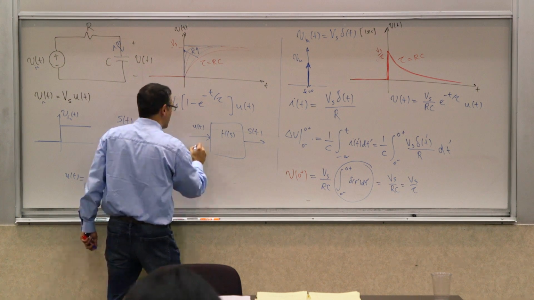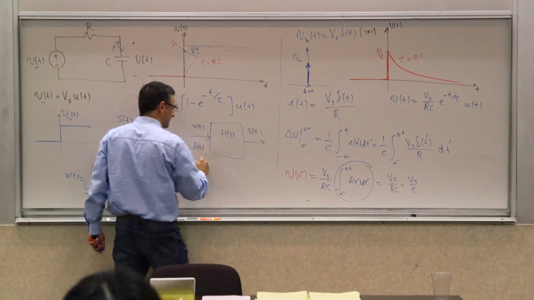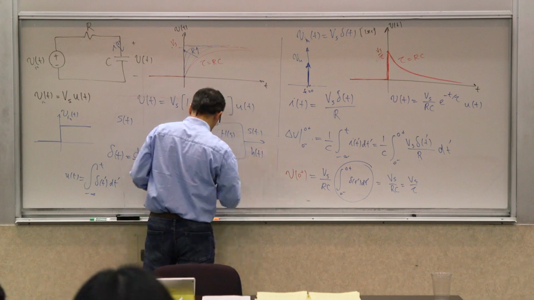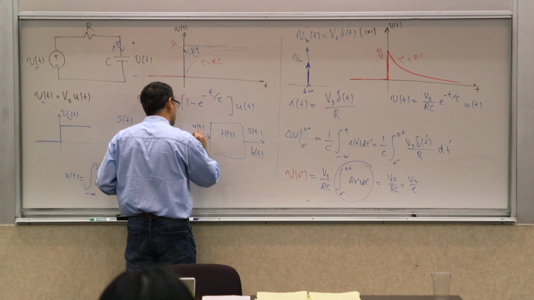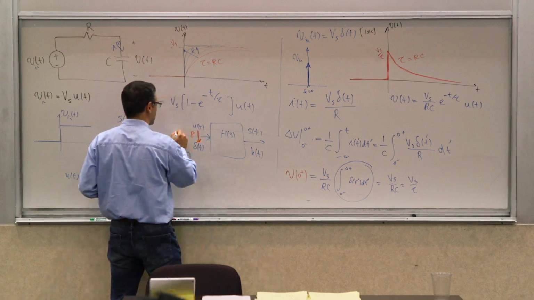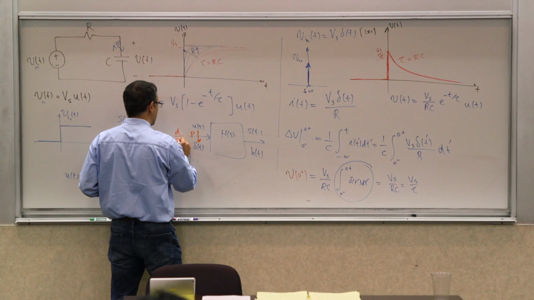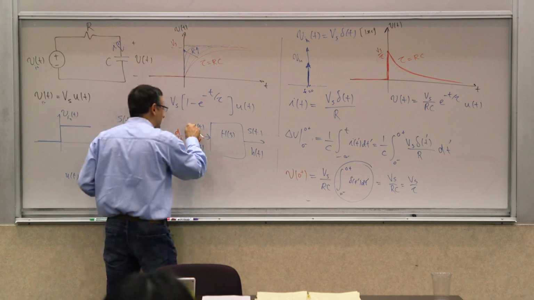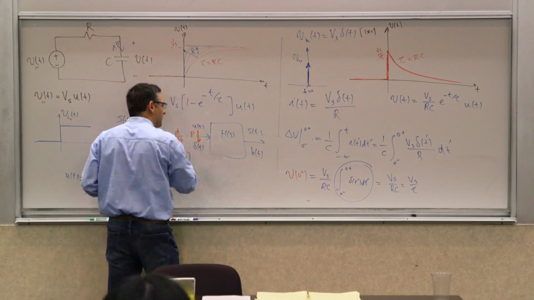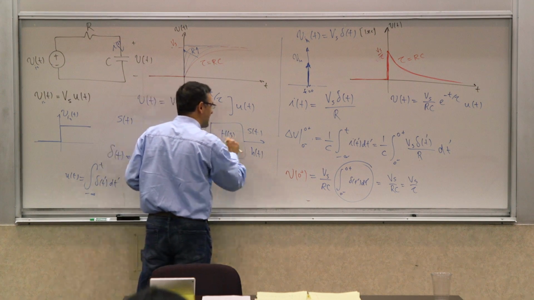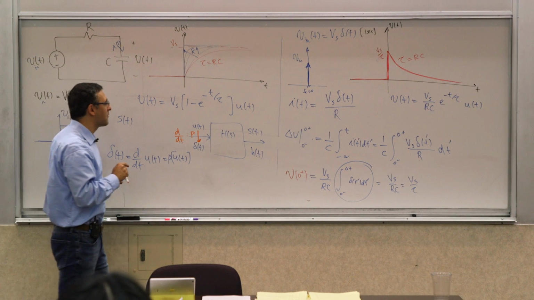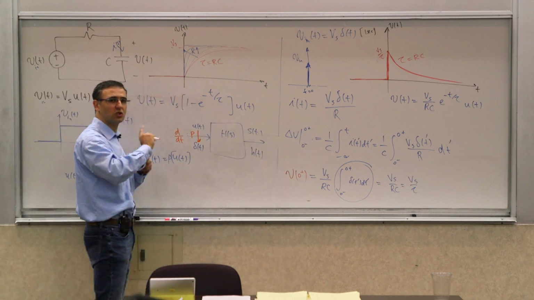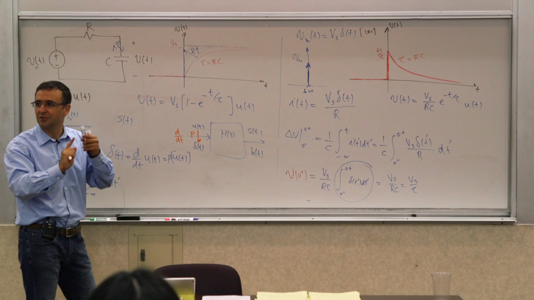Now, if I put in a delta of t and I get h of t, and this involves a differentiation, d/dt, if I need to differentiate the input to get from here to there, as long as the system is linear, what do I need to do to get from here to there? Differentiate. Because if the system is linear, then I can switch the order of differentiation with the operation of the system.